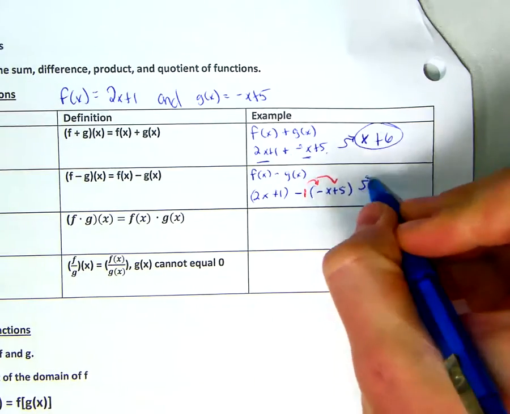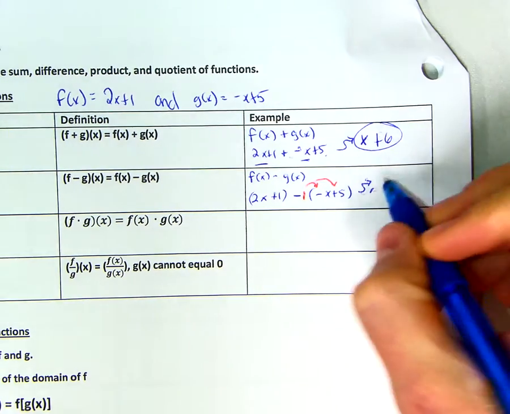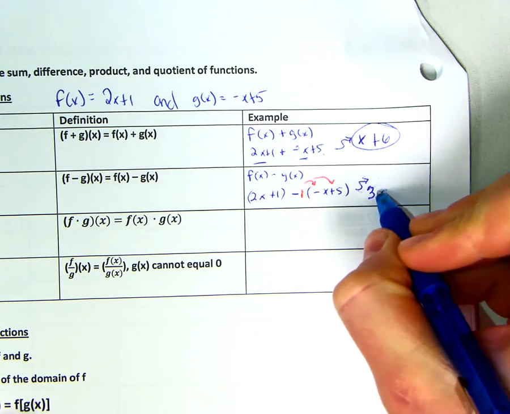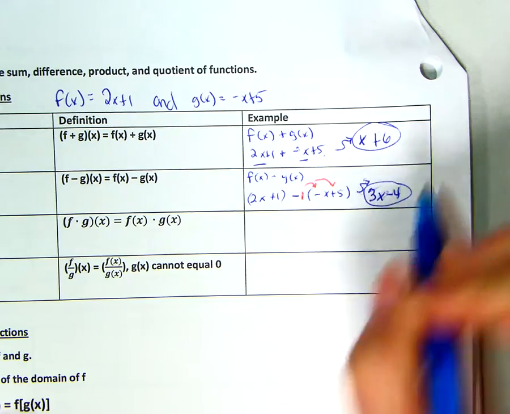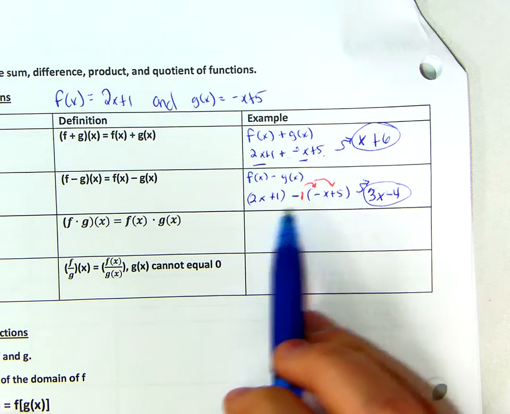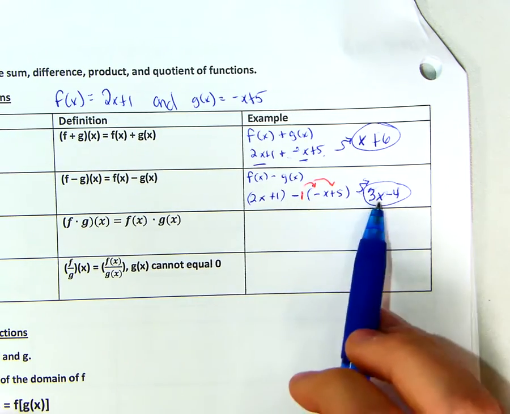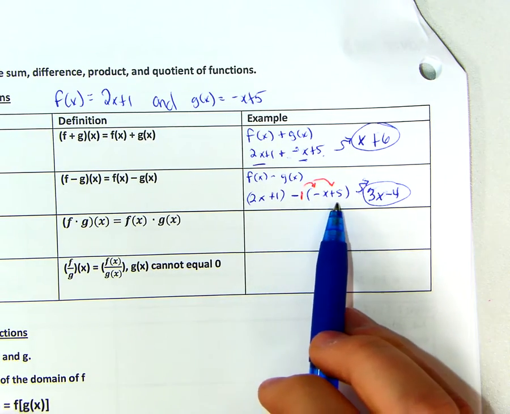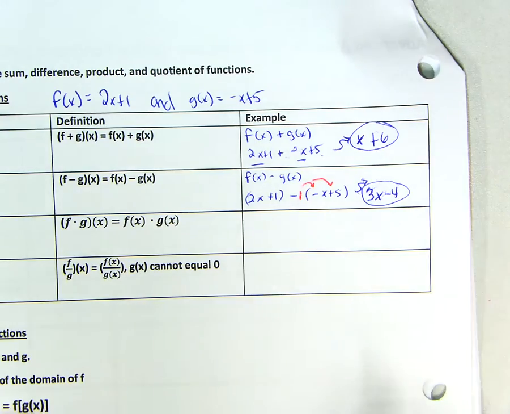And you should get then 3x minus 4. Right? So negative 1 times a negative x is just an x, and a negative 5, so you have 2x plus 1x is 3x, and then 1 minus 5 is negative 4.